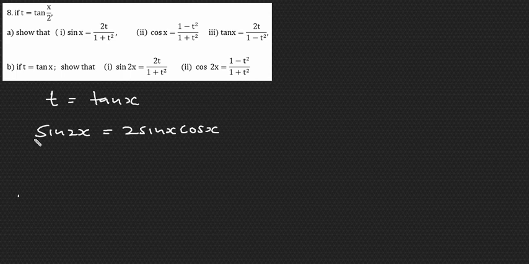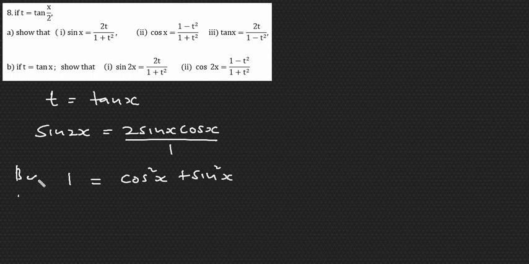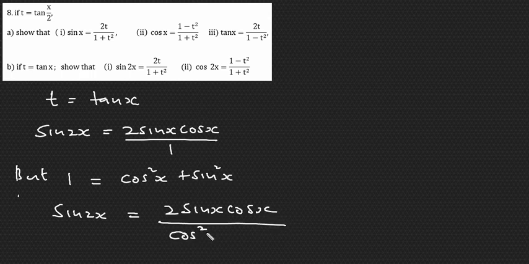So now from here we shall divide this by 1, and the 1 we are going to replace with cos squared x plus sine squared x. 1 is equal to this. So now our sine 2x will be equal to 2 sine x cos x divided by cos squared x plus sine squared x.